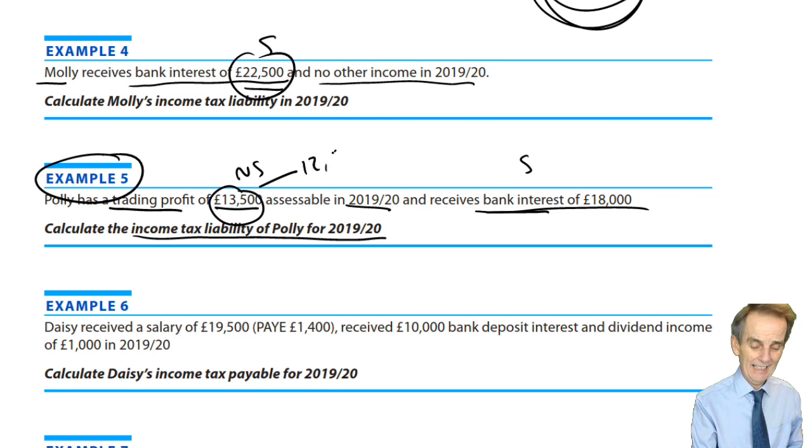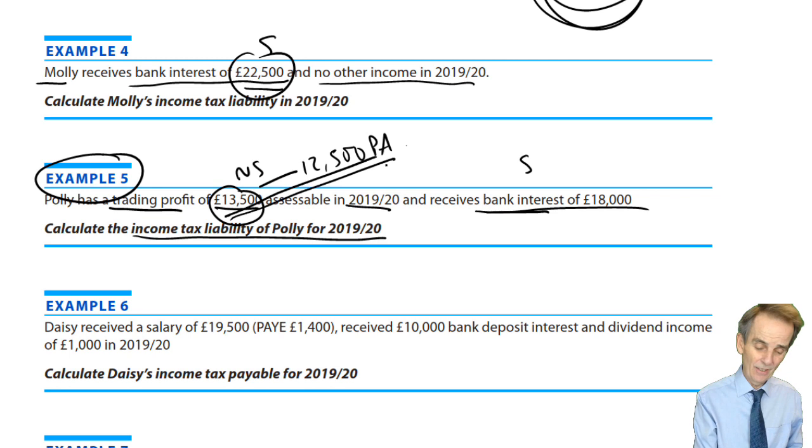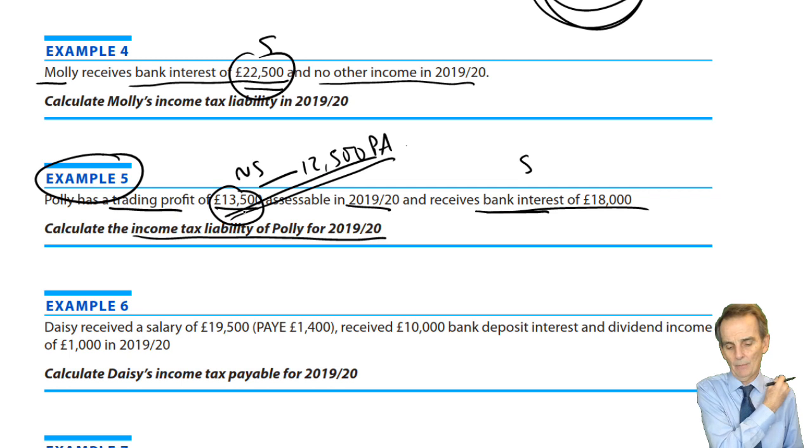13,500. We would allocate our personal allowance to that first of all. What would that mean? That clearly 13.5 plus 18 less 12.5 means Polly is a basic rate taxpayer. But this calculation is critical because 13,500 less the 12,500 personal allowance means that the first part of your taxable income is non-savings income, but there's only £1,000 of non-savings taxable income.